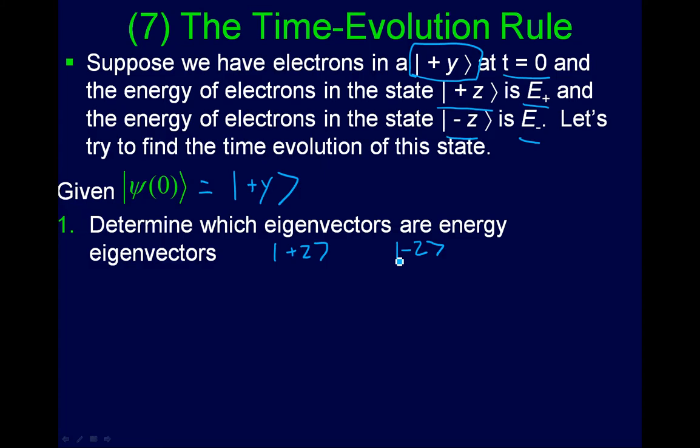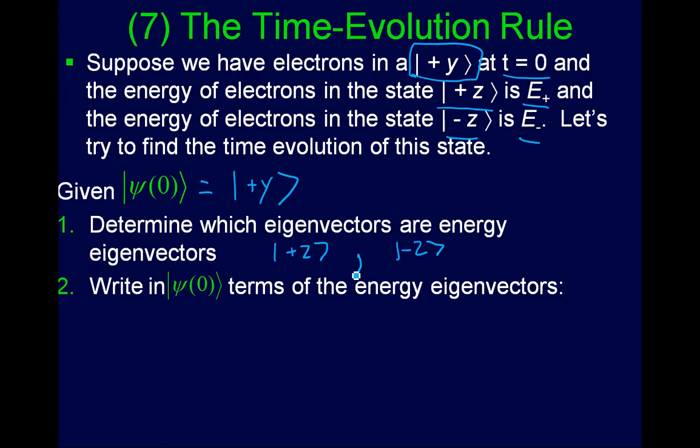It took a little bit of reading to do that, but we can get them from this little paragraph here. The next step will be to write our state vector at time 0 in terms of these energy eigenvectors. We'll do that in a second. Once you do that, you multiply each eigenvector by this new complex exponential time evolution term.